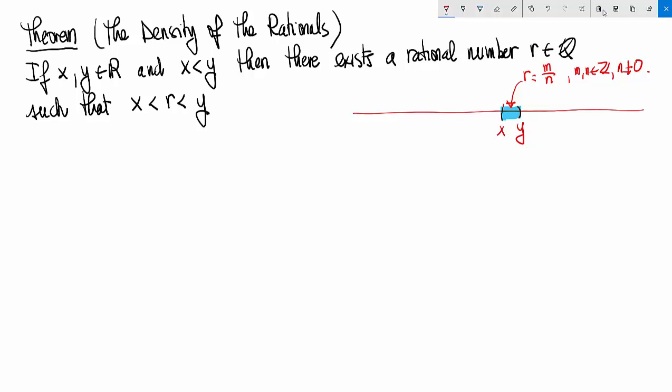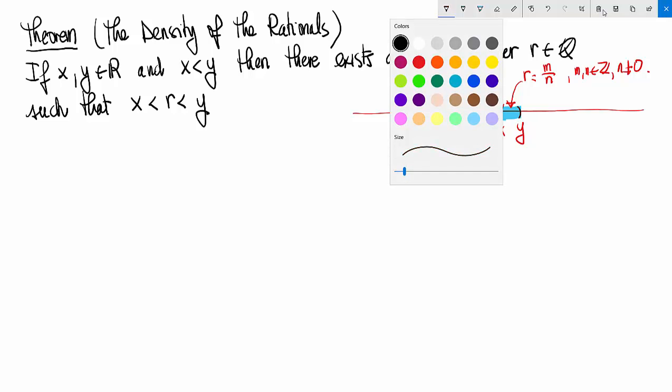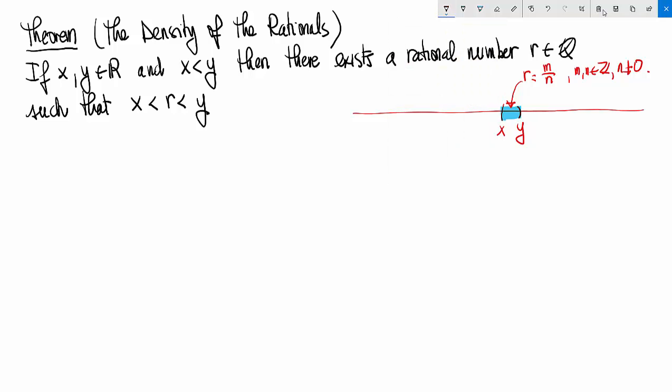They are dense. As usual, we will try to prove this result to really understand why this claim is true. Let me offer you a proof for the density of the rationals. Let us assume for now that x is greater or equal to 0.